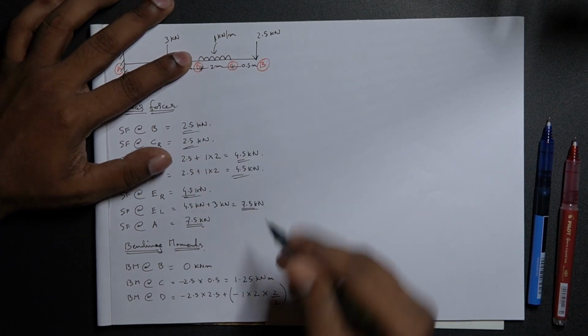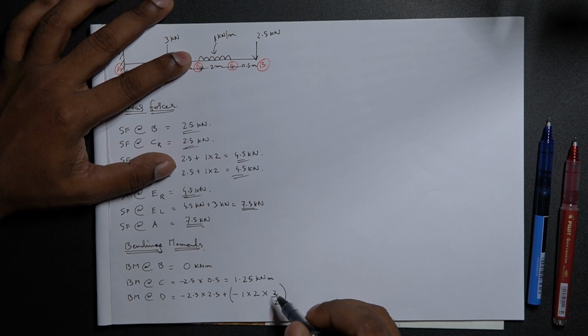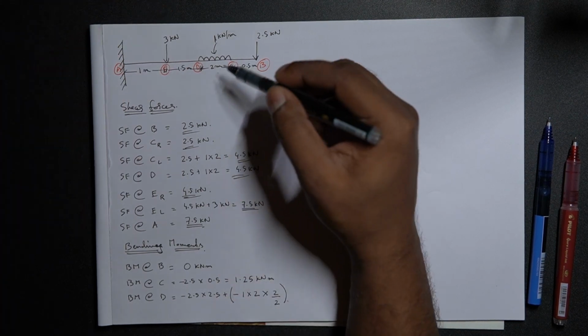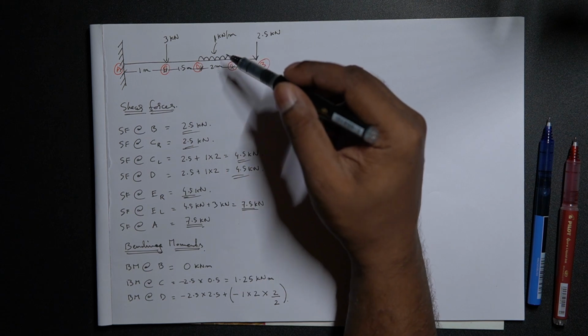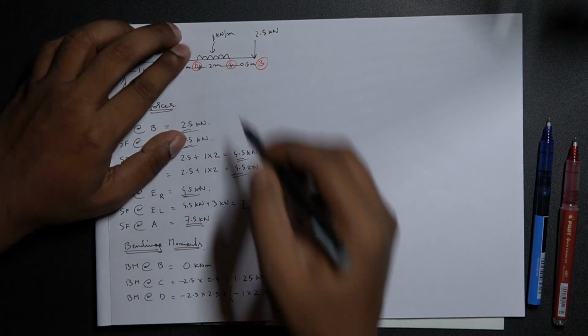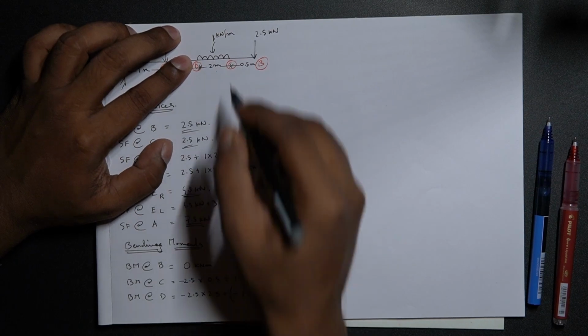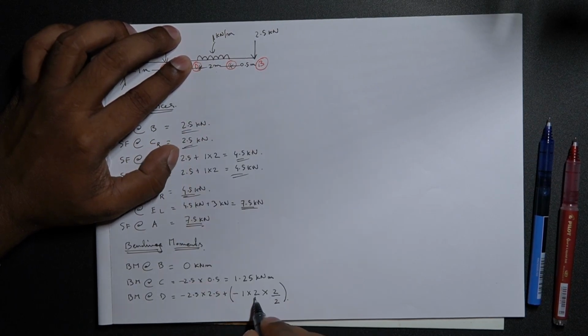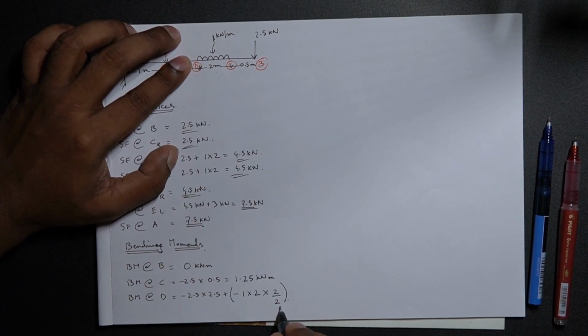Now you might be wondering why we did 2 by 2 over here. If you can recall, or revise through your books, the bending moment for a uniformly distributed load is WL square by 2. So we have W, that is 1 kilonewton, and L, that is 2, so L square is 2 into 2, divided by 2.